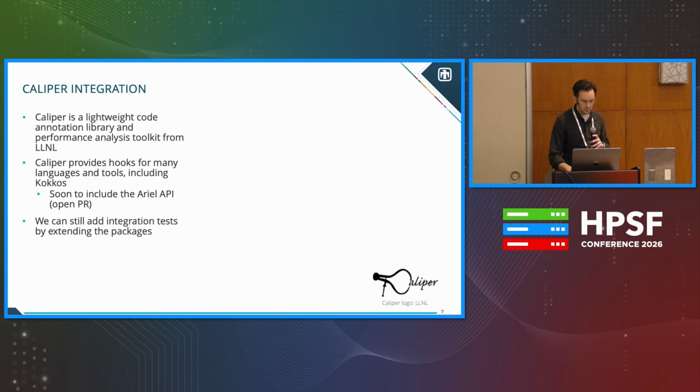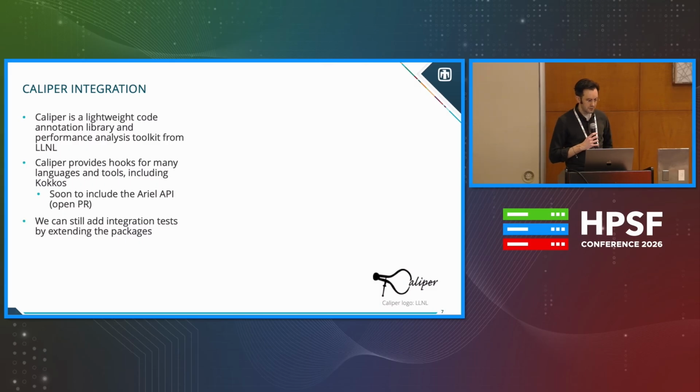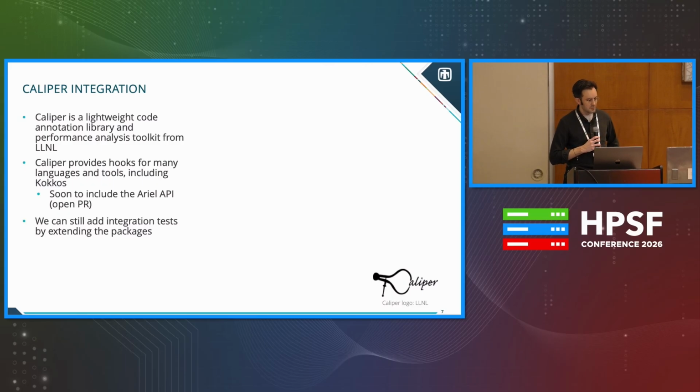Okay. Go back one. All right, so Caliper integration. A slight detour, but still a really cool benefit of using Spack is that Caliper is this lightweight code annotation library and performance analysis toolkit from Lawrence Livermore. It provides hooks for many languages and tools, including Kokkos.